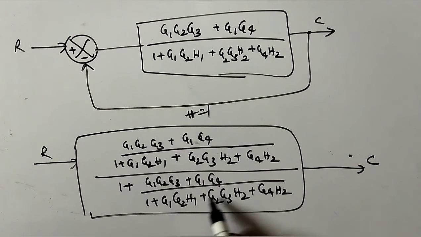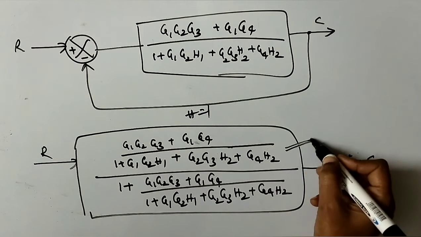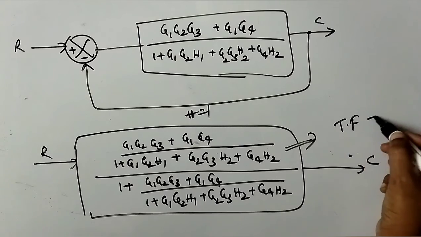You can take the LCM and then simplify this. That is nothing but the transfer function C by R.